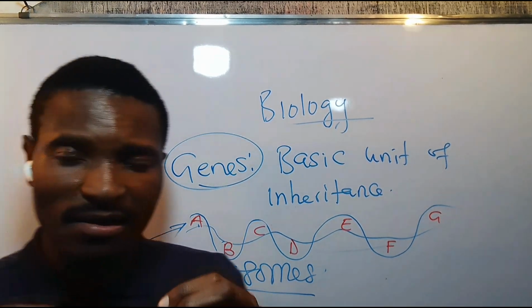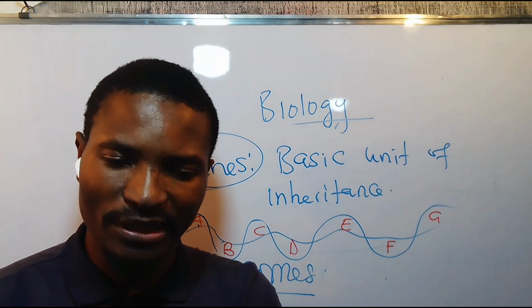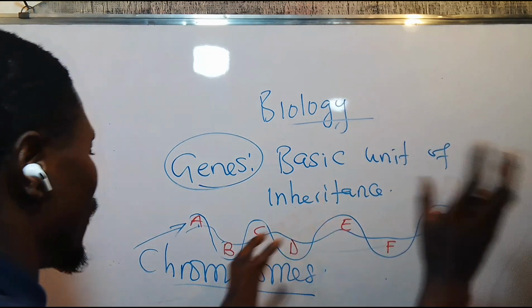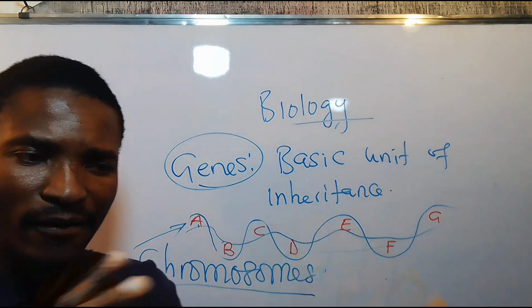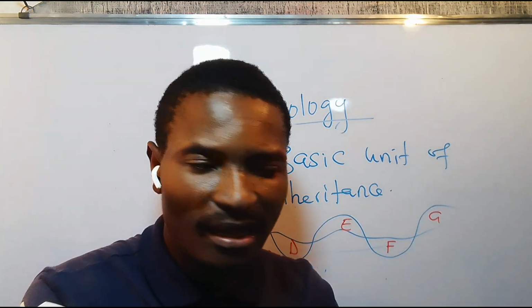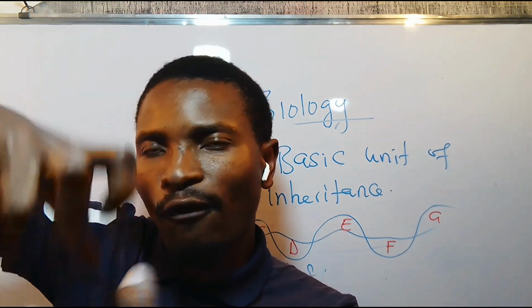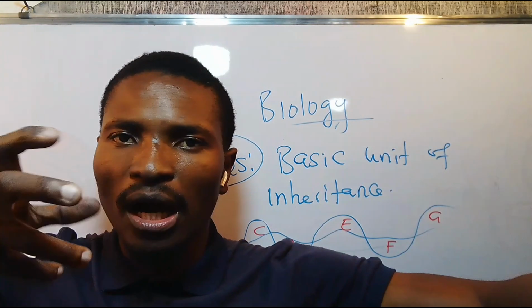What you need to understand is that if we imagine deeply, this is a structure, a chromosome. And within the chromosome, we have these letters that at some point code to form a certain molecular code.